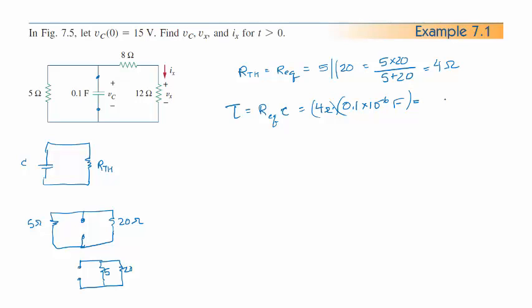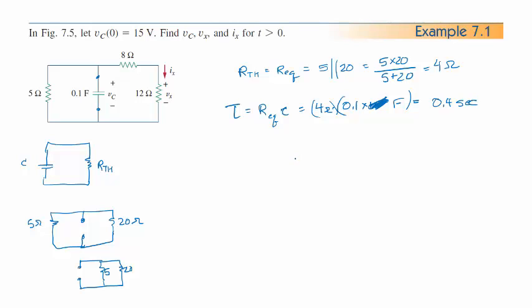Oh, I have different units here. It's just farads, not microfarads. That's not a realistic unit; having 0.1 farad would be a gargantuan capacitor. But okay, this is a theoretical problem, so our time constant then becomes 0.4 seconds.